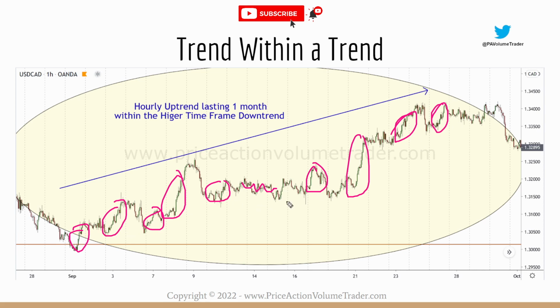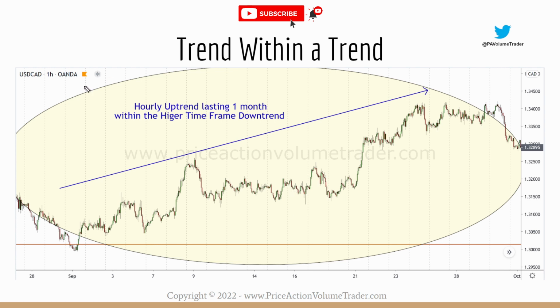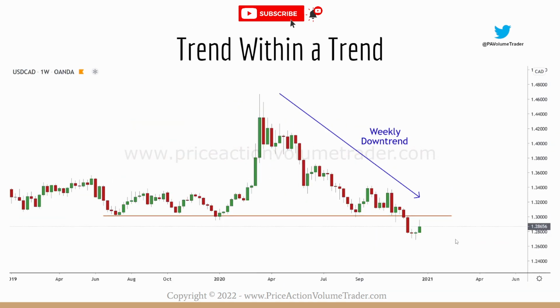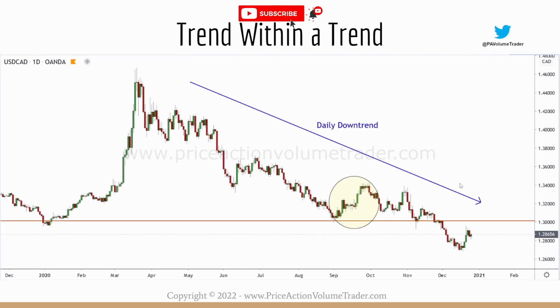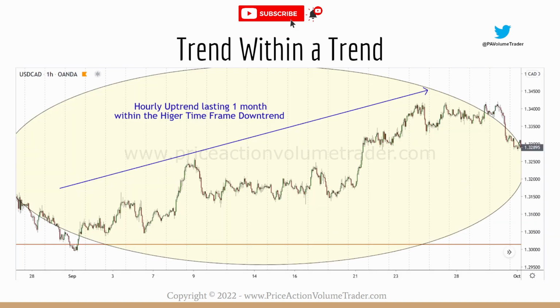You were a lot more profitable if you were going long, because if you're, let's say, a day trader, you're not going to be focusing on this huge weekly downtrend. You're not going to be trying to just go short all the time just because the weekly trend is down, because if you're a day trader or even a short-term swing trader, you're focusing on lower time frames.